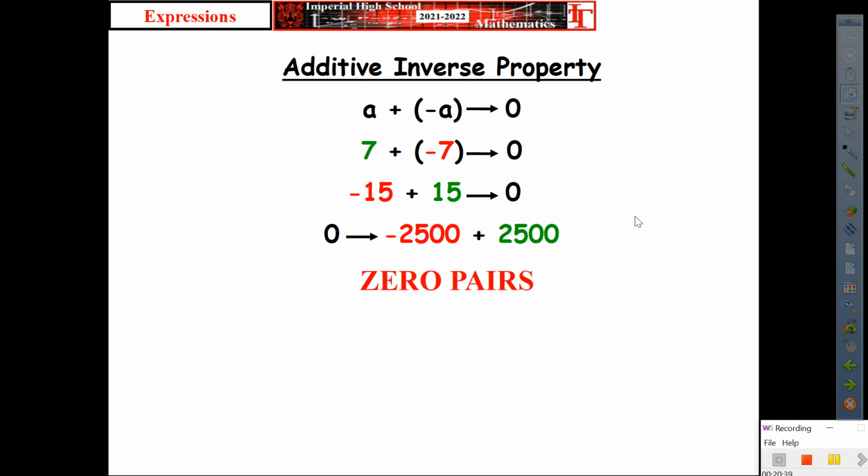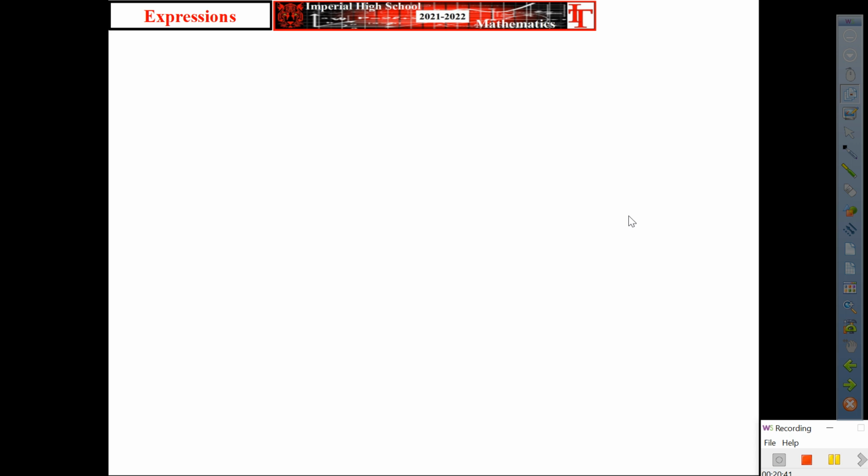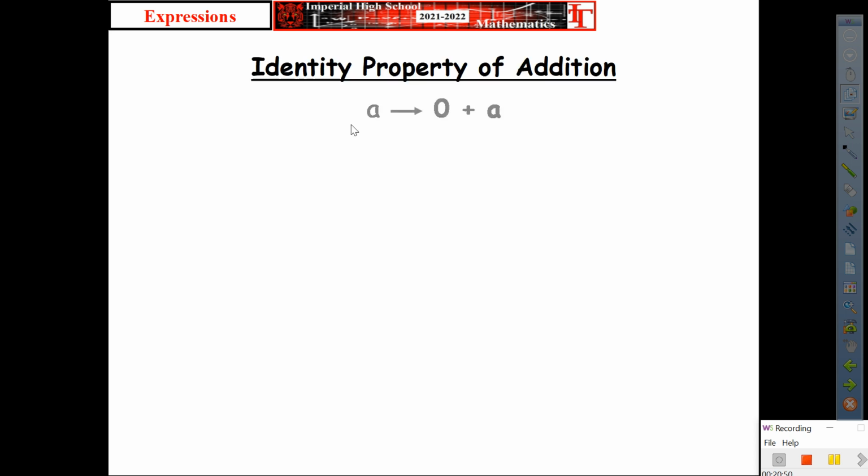The second property that I want to address is this one, the identity property of addition. Identity being that it identifies the same number at the end, and it looks like this. A number plus 0 gives me the same number. That's why it's called identity. It identifies itself. There it is. A number plus 0 is that number. With numbers, it looks like this.